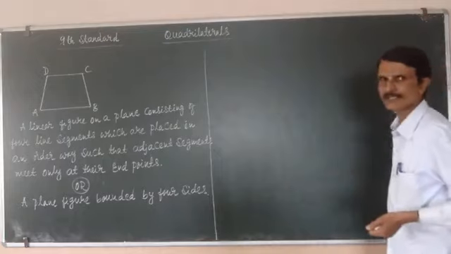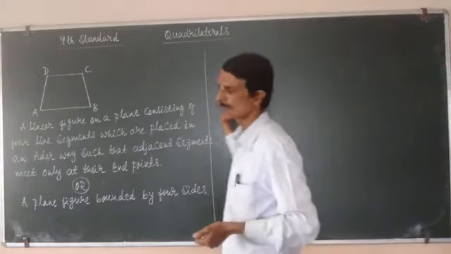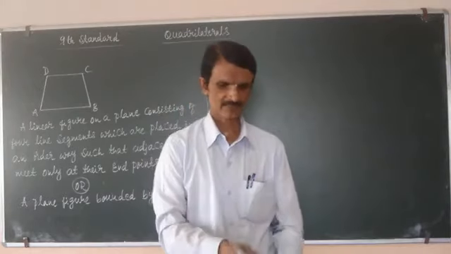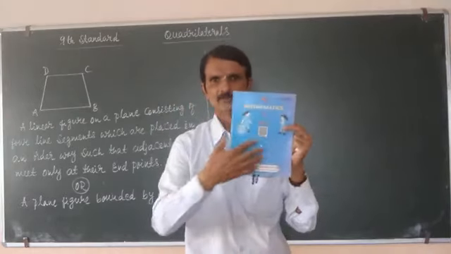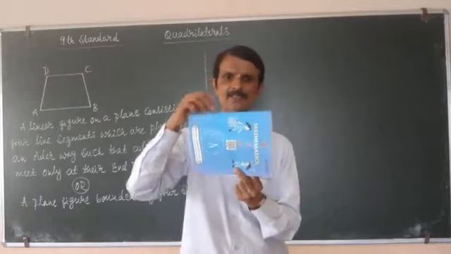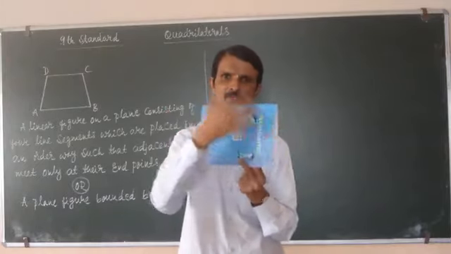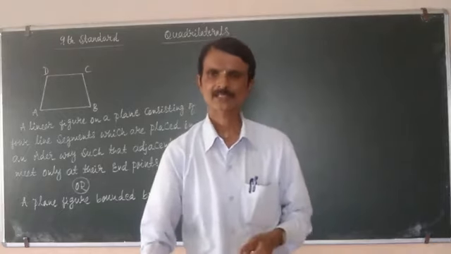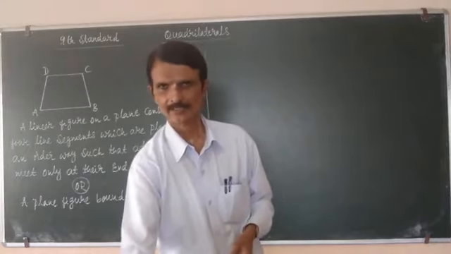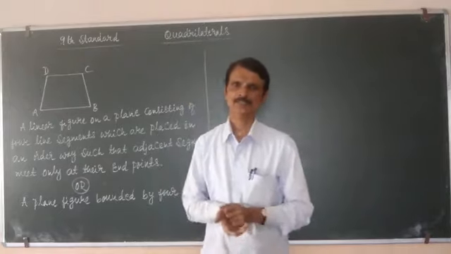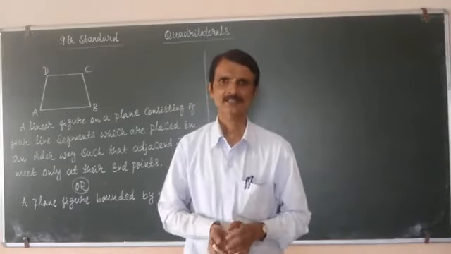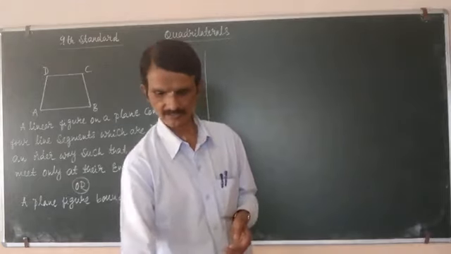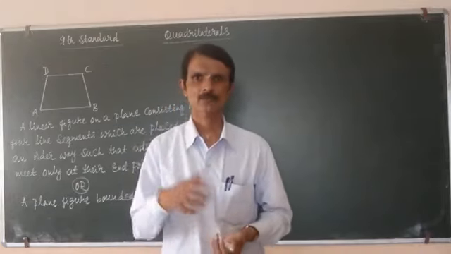This is an example of a quadrilateral. The surface of the textbook also contains four sides: 1, 2, 3, 4. You might have seen objects like this which contain four sides. Therefore we can say that if an object or a plane figure contains four sides, it is called a quadrilateral.